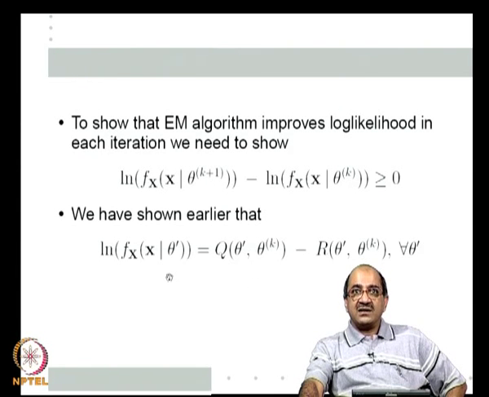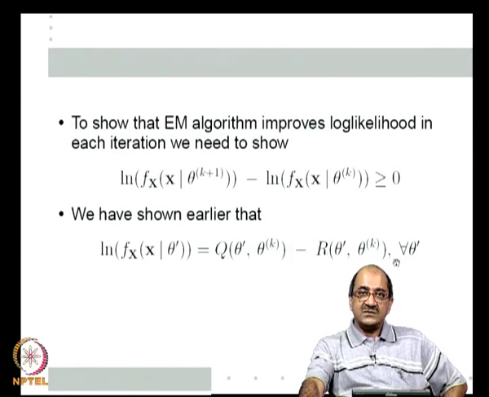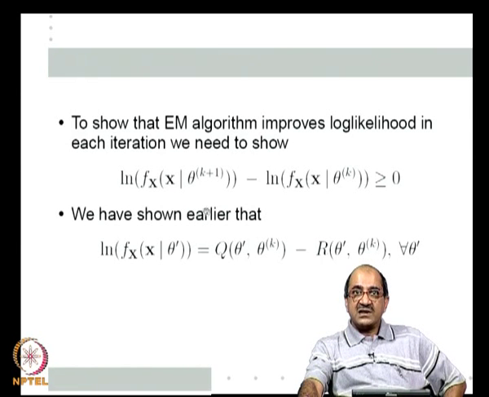We have shown earlier that for any theta prime, the log likelihood value can be written as q theta prime theta k minus r theta prime theta k. Right. So, when I put theta prime equal to theta k plus 1, I get q theta k plus 1 theta k minus r theta k plus 1 theta k. When I put theta prime equal to theta k, I get q theta k theta k minus r theta k theta k.